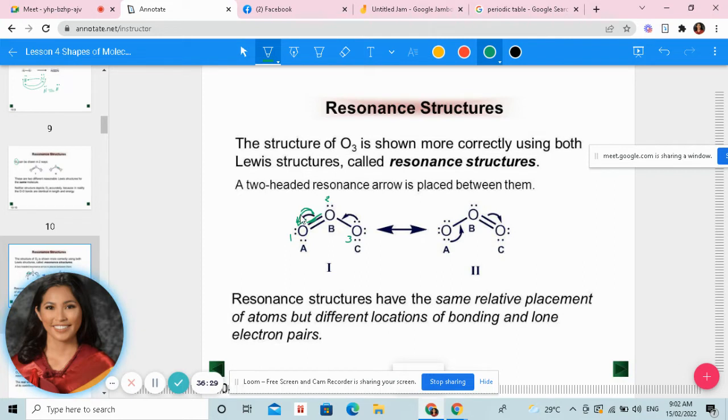When it transfers, the oxygen here will be electron deficient, so it backs up because oxygen 3 forms another bond.